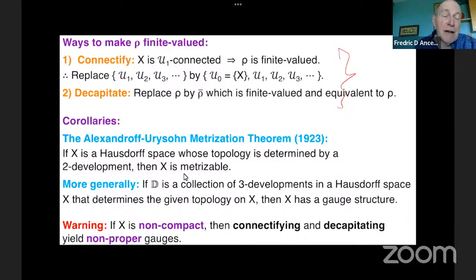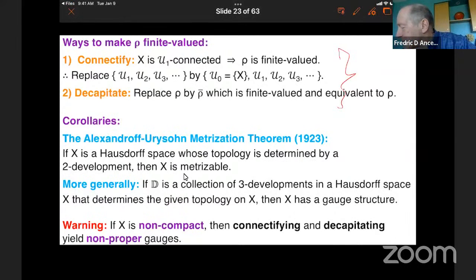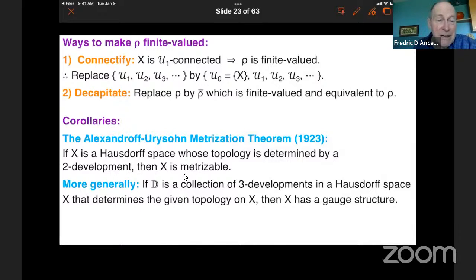If your space is not compact, they're going to make your gauges non-proper when you decapitate or when you do this connectifying process. Okay. So in order to get proper metrics, you've got to add some technique.